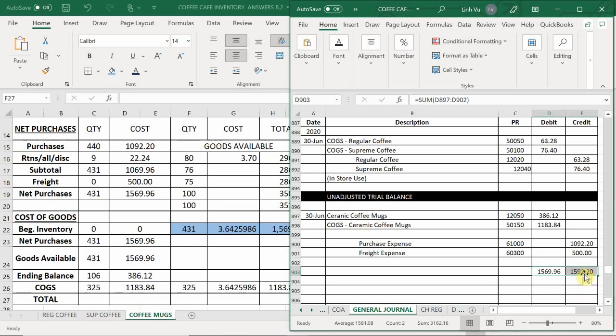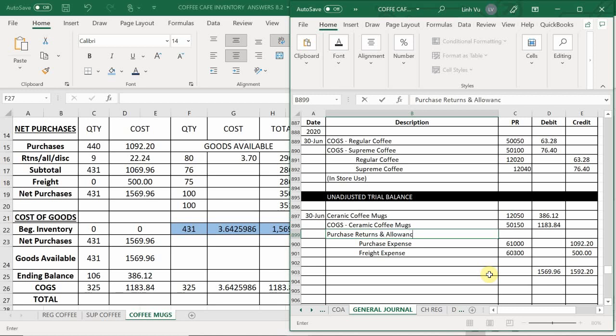It can be purchase returns, and that's the difference. So after the cost of goods sold, we have purchase returns and allowances.